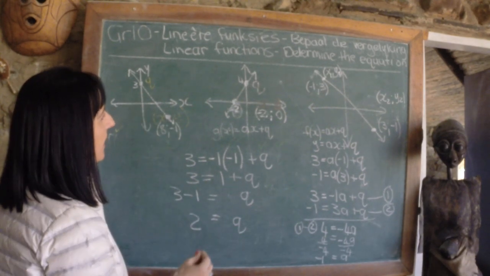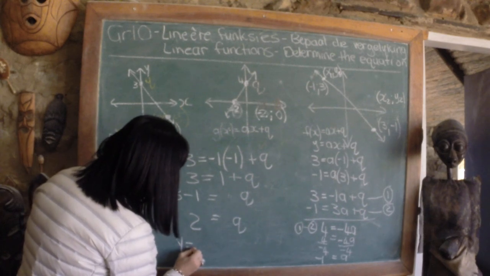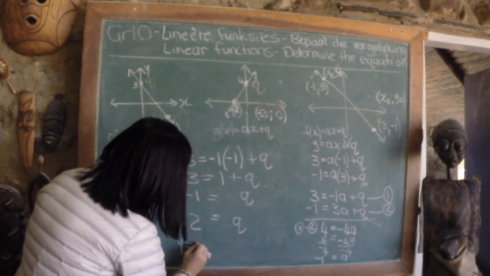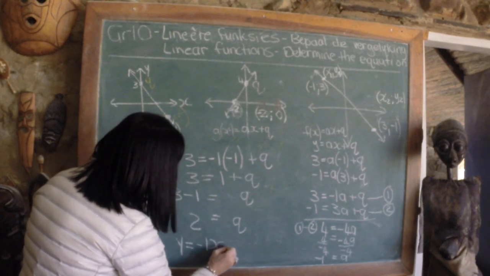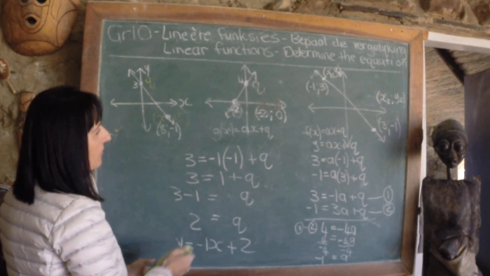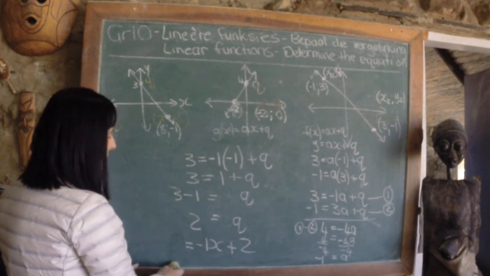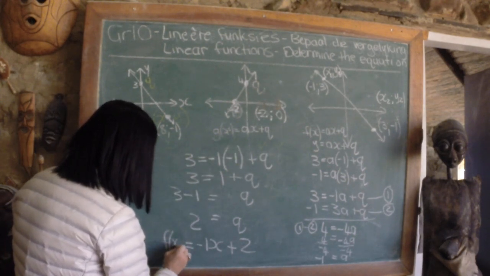So my vergelyking van daai lyn is, a is gelyk aan, my a-waarde is minus 1, x plus my q-waarde. Okay, and that was fx, so I'm going to change the y to fx.